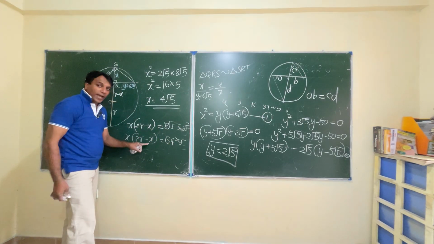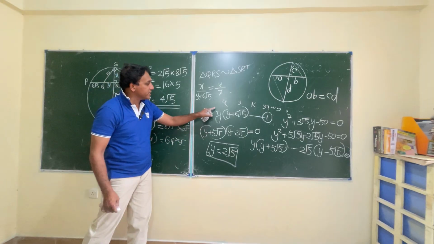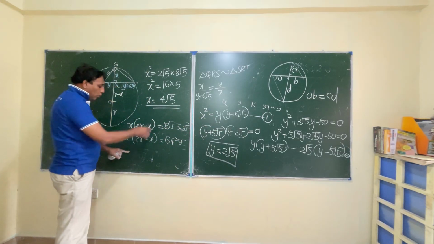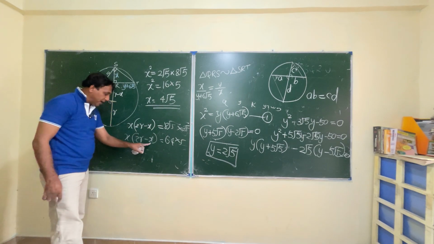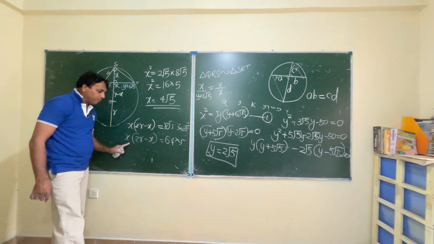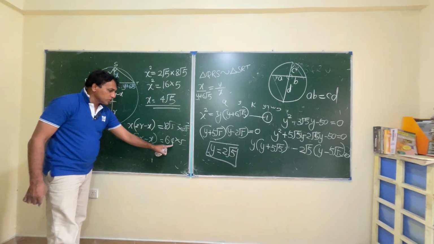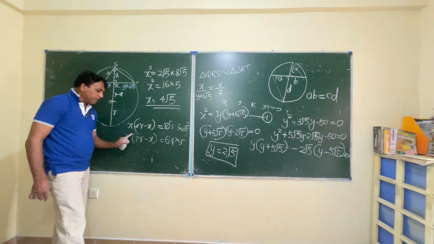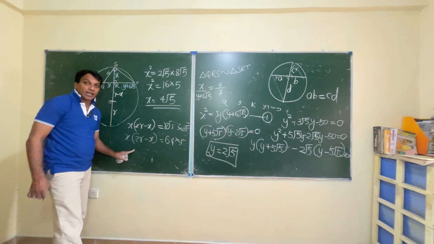So apply and find the value. You know the X answer is 4 root 5. From this you can find the radius answer.